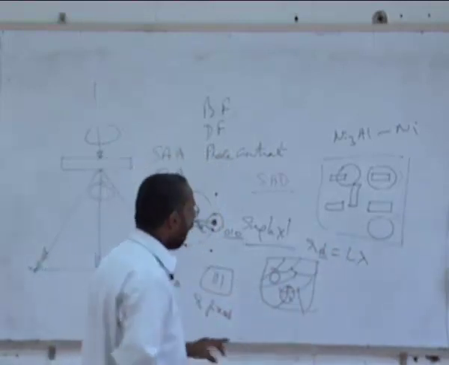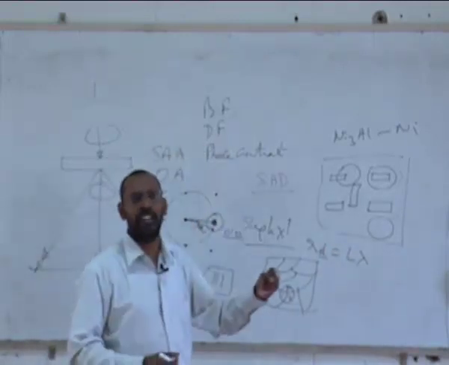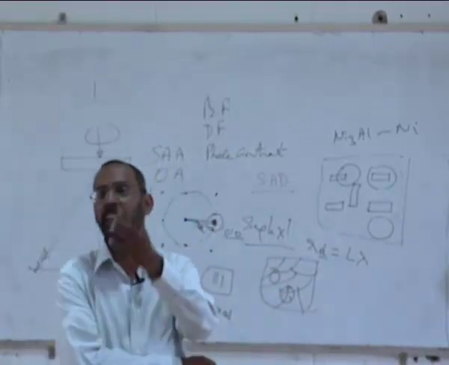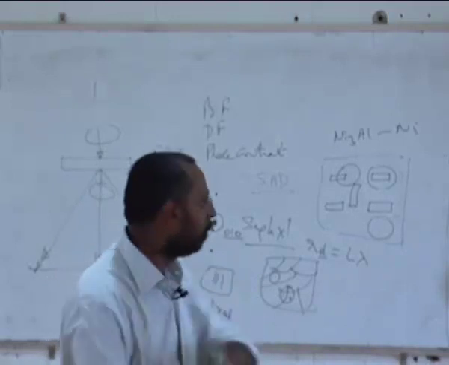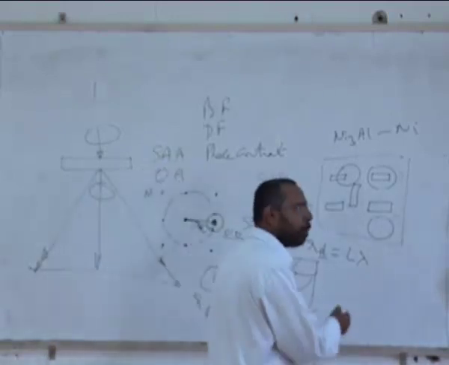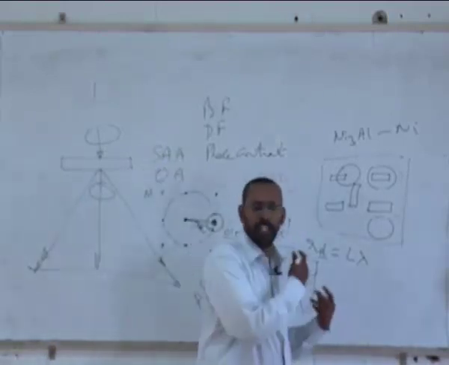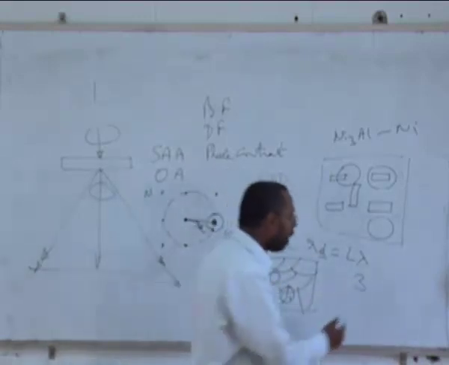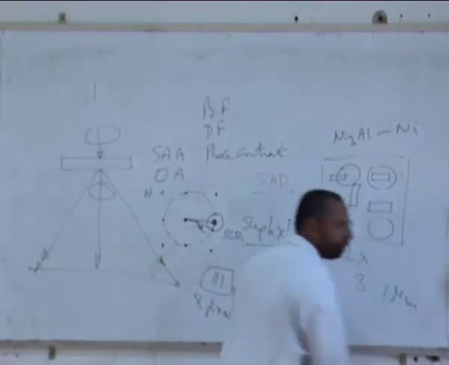And now if I have a large number of grains coming inside my selected area aperture. Usually in a TEM we use 3 selected area apertures with different diameters. The smallest selected area aperture is of the order of 1 micron.